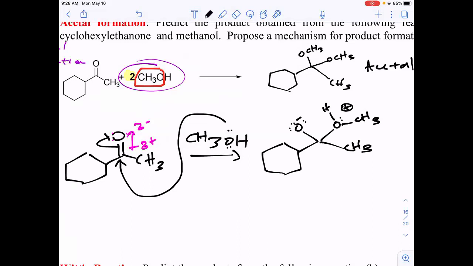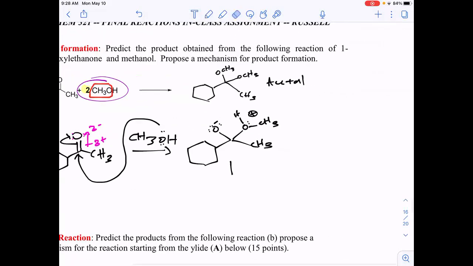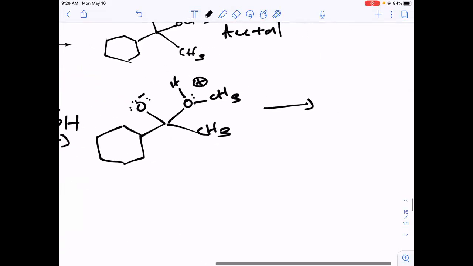Now, how do I get from there to the hemiacetal, where the O minus becomes an OH? Wouldn't the arrow go from the oxygen to the hydrogen? Yes, good. We're going to do a proton transfer. Inter or intramolecular? What is it when everything is happening within the same molecule?